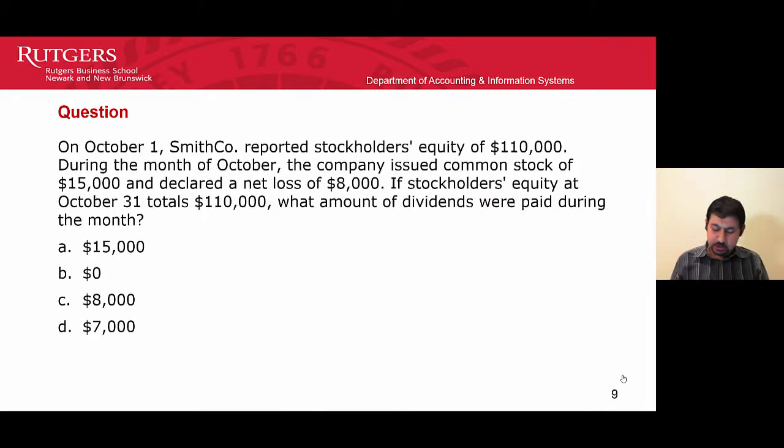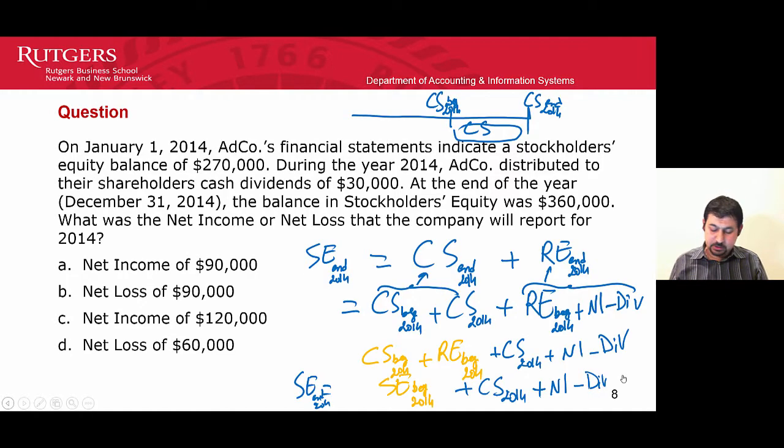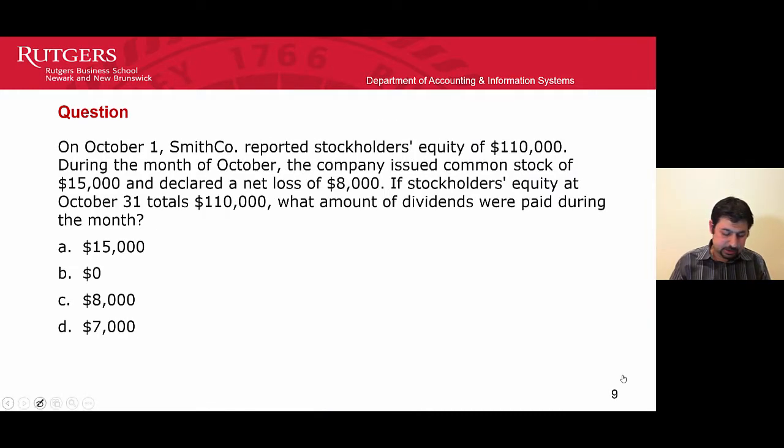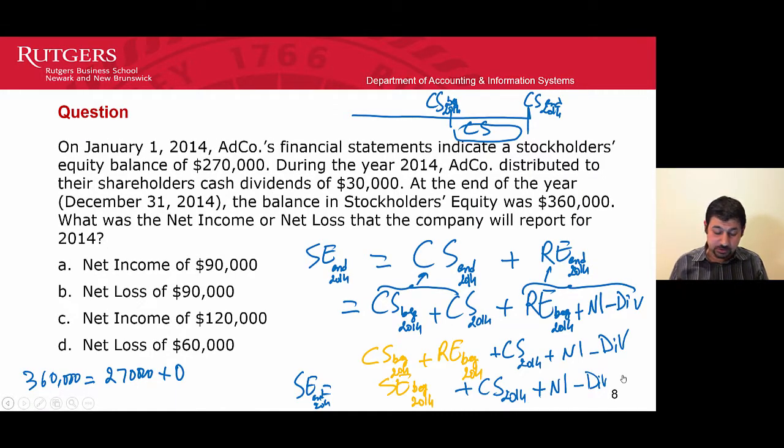So if we plug in the numbers, that would give us 360,000 is equal to 270,000 plus 0, as they did not tell us anything about any stocks that were issued during this year, plus net income minus dividend, which was 30,000.